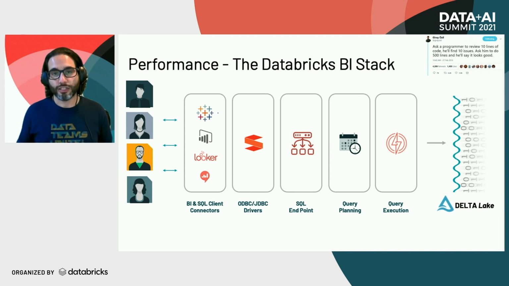And then finally, the execution. This is where the new vectorized execution engine comes in. The actual execution on the VMs is significantly faster because we've rewritten Spark to get closer to the hardware in C++. And then all of your data is in the open data lake that we call Delta Lake using the Delta Lake architecture pattern.